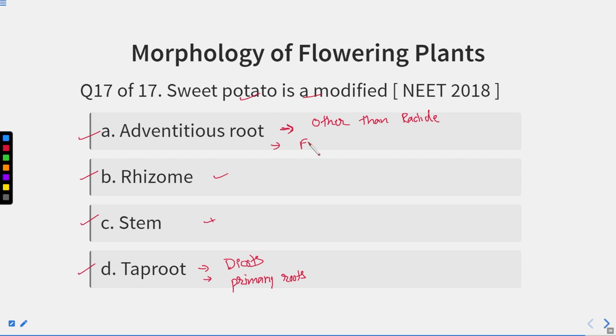The food is stored in the adventitious root. Food is stored in the roots and they become swollen. So sweet potato is a modified adventitious root.